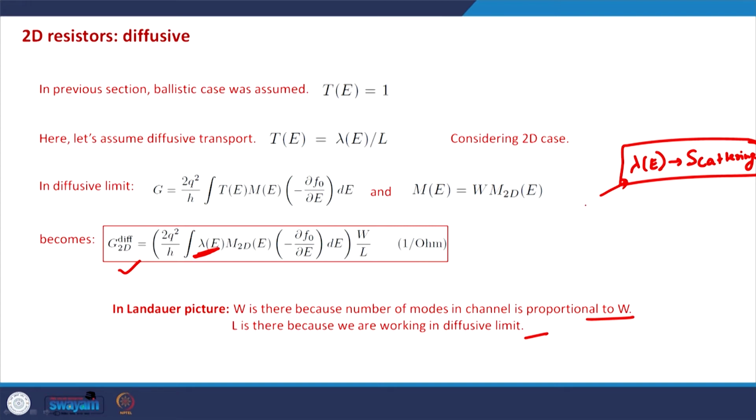But at the moment, let us assume that we are aware of the mean free path or the scattering mechanisms in the channel. From there, if we put the expression of lambda(E) in this conductance expression, we can calculate the conductance in the diffusive case.